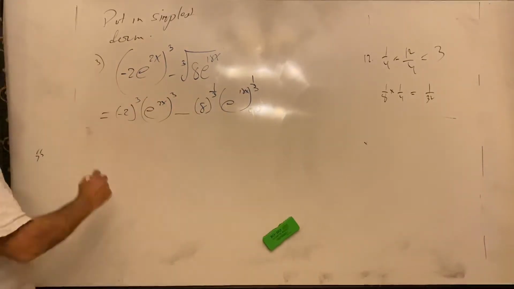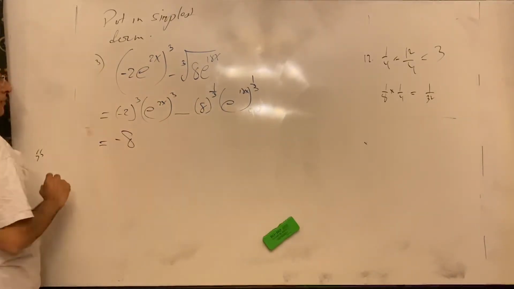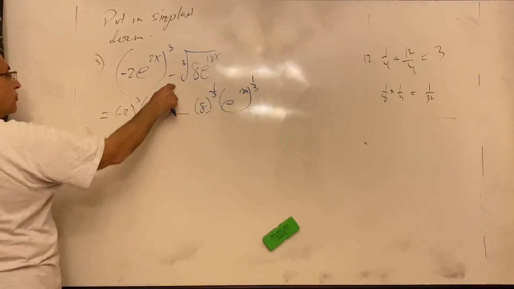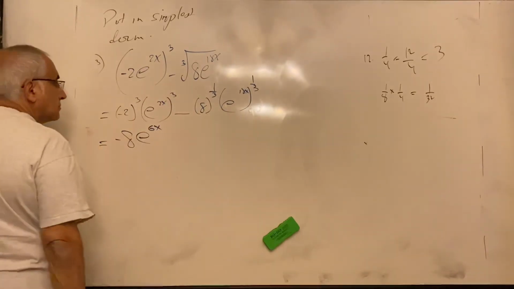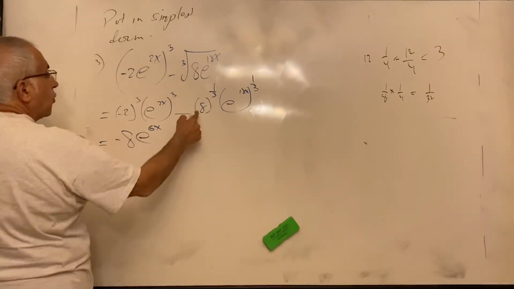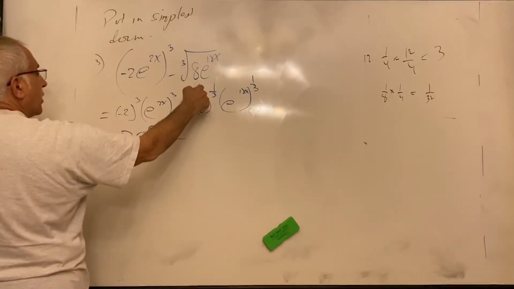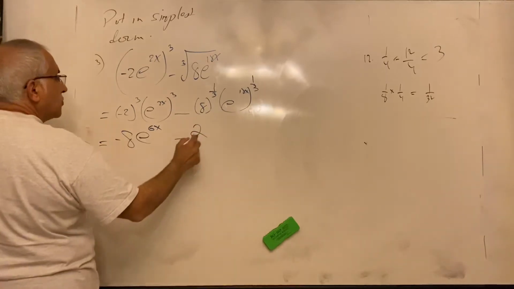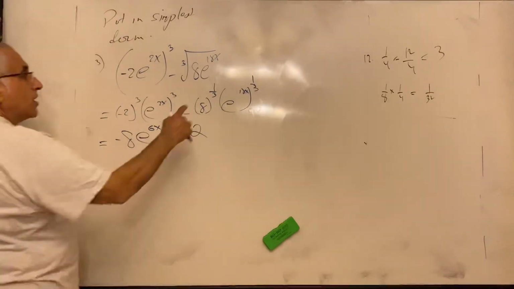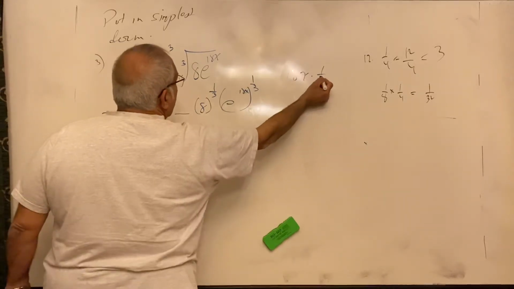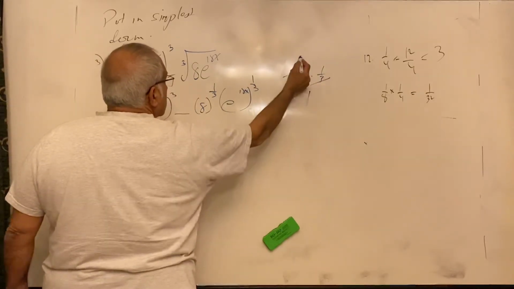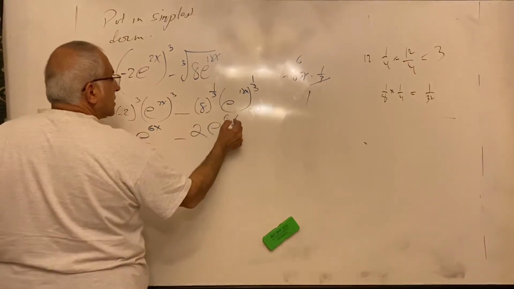What's minus 2 to the power 3? Negative 8. What is e to the power 2x, cubed? You multiply the exponents, so e to the power 6x. Done. Minus, what's the cubic root of 8, or 8 to the power 1/3? It's a 2 as well. What is 18x times 1/3? 6x. So e to the power 6x.